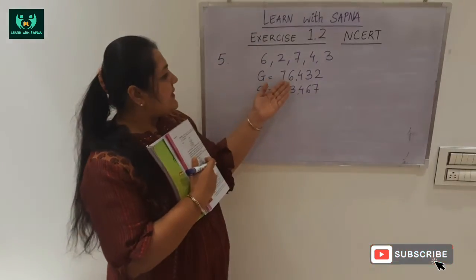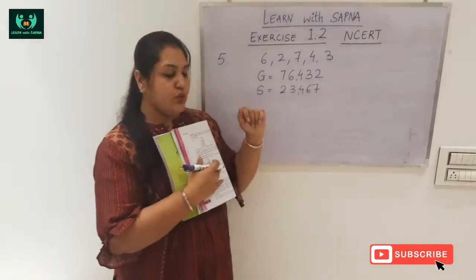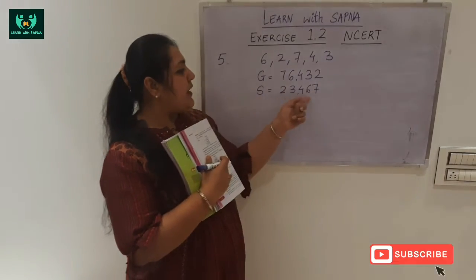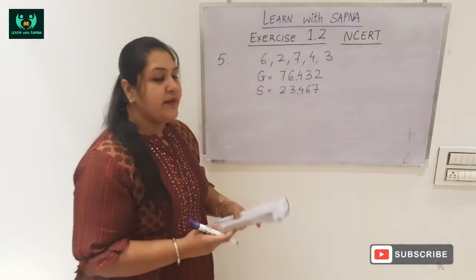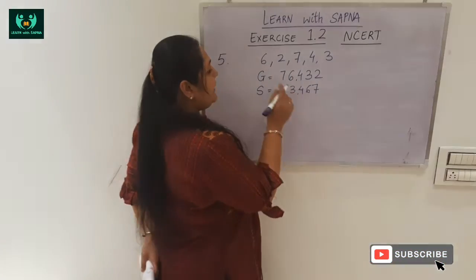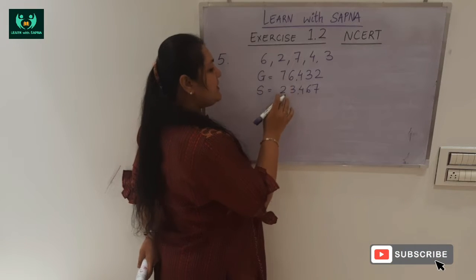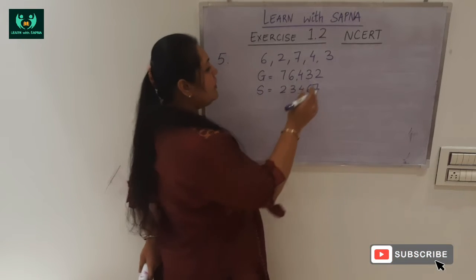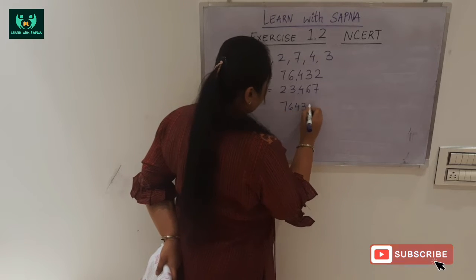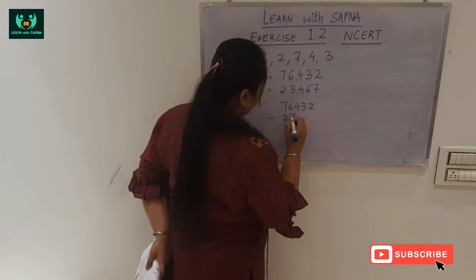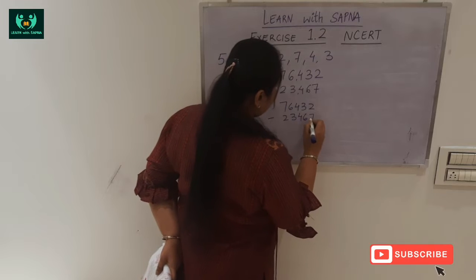So 76,432 and the smallest is 23,467. Now they are saying we have to find the difference between them. Clearly this is the greatest number. So this number is greater than this smallest number. So difference क्या हो जाएगा? 76432 minus 23,467.